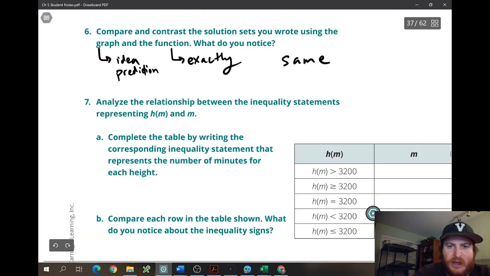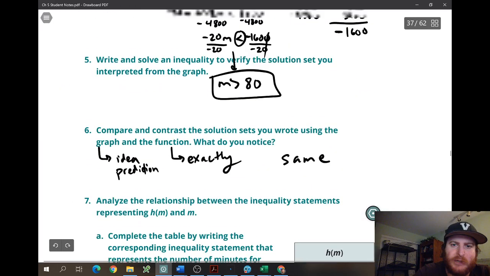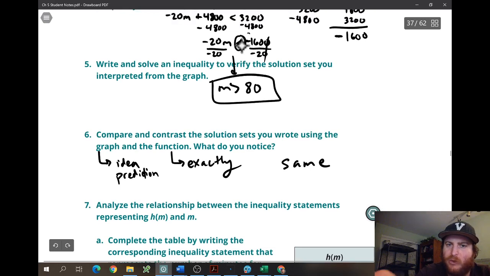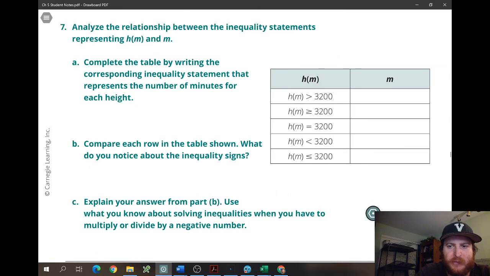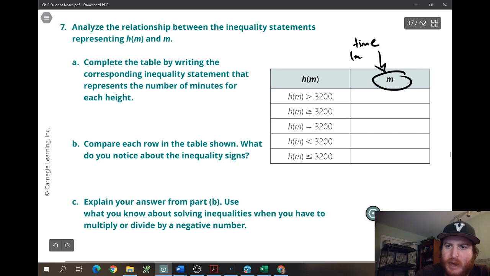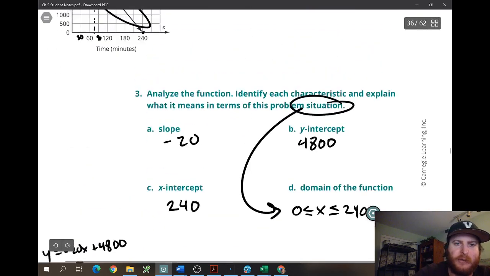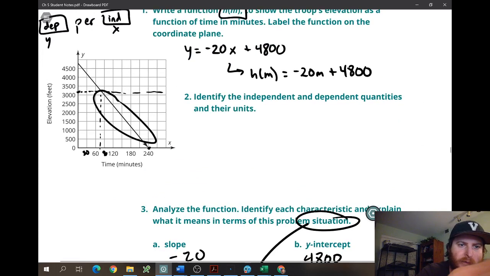The other thing I want to point out is when we had this negative slope, the inequality flipped, and that's important. So kind of completing the table and thinking about this is how many minutes. This is not the slope, but this is the time, in minutes. How many minutes would pass when our height is greater than 3,200? That's going to be this region up here.